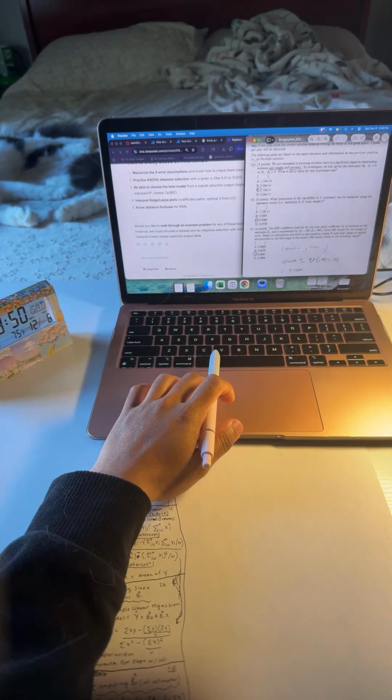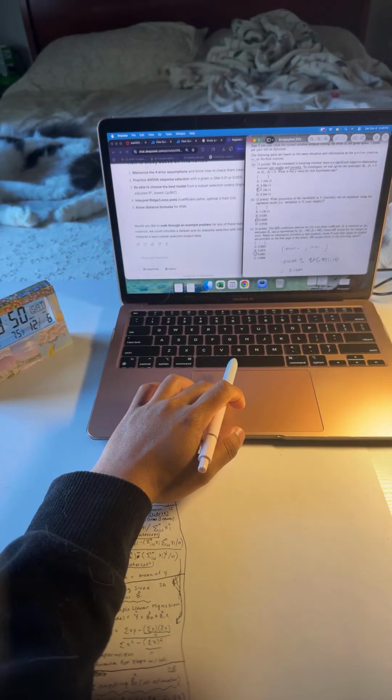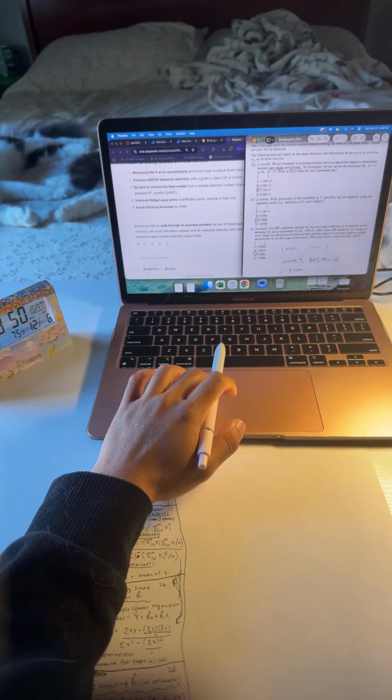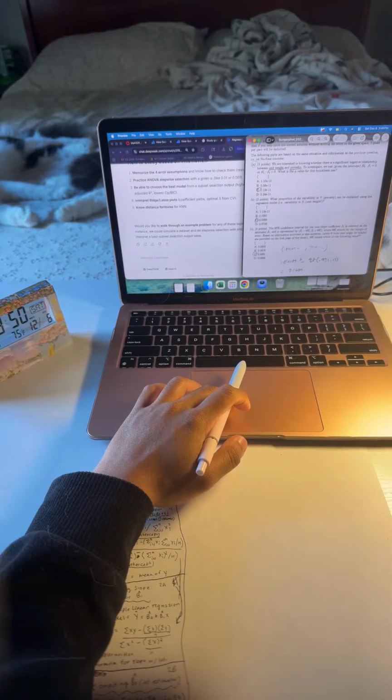What proportion of the variability in y can be explained using the regression model, variability in x unit weights?